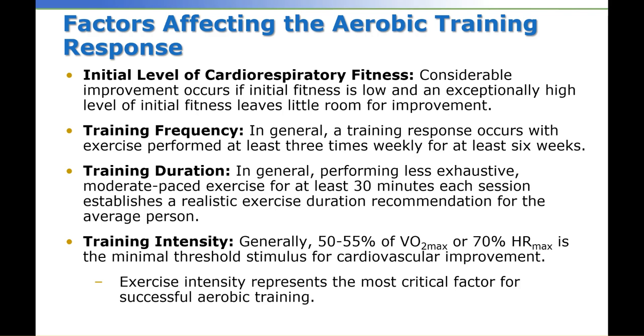Duration: generally, performing less exhaustive, moderate-paced exercise, about 30 minutes each session, is a realistic exercise duration recommended for the average person. Training intensity: generally 50 to 55% of VO2 max or 70% of heart rate is a minimal threshold stimulus for cardiovascular improvement. And exercise intensity represents the most critical factor for successful aerobic training.